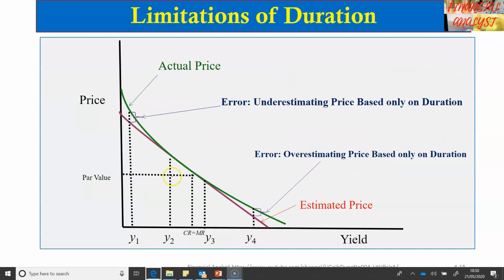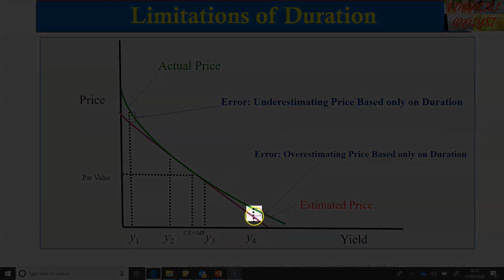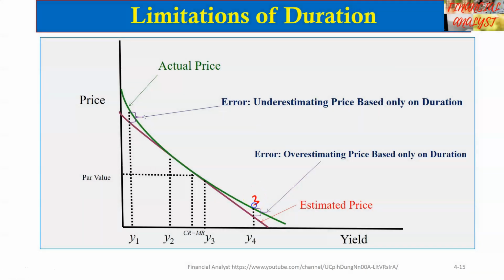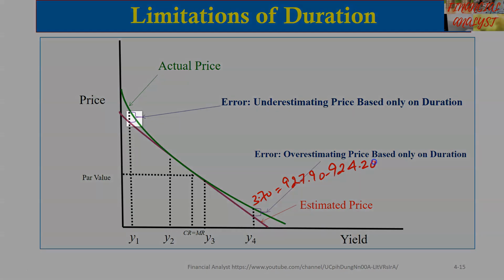This figure shows the error in estimation of the price using duration. So here we see the price error is this much, and if we take our numbers, it is equal to 3.7. That is the actual price of 927.9 from the bond valuation formula minus the estimated price using duration as we did on the previous slide.